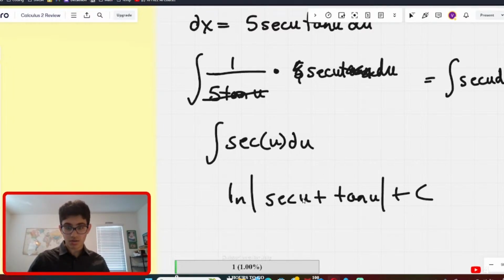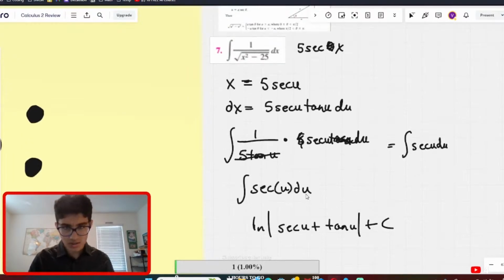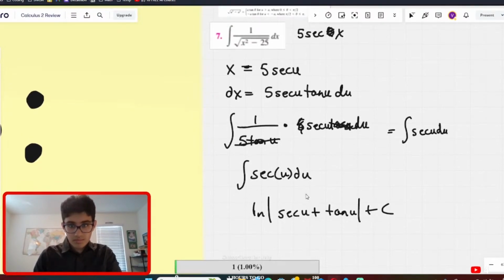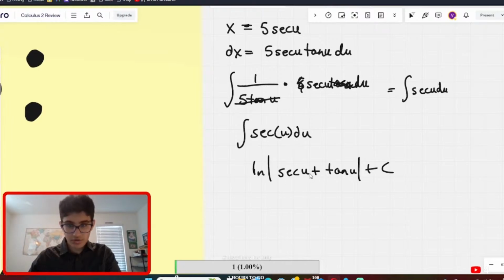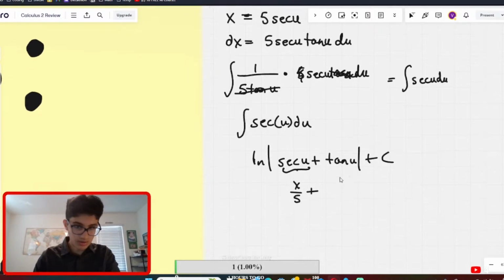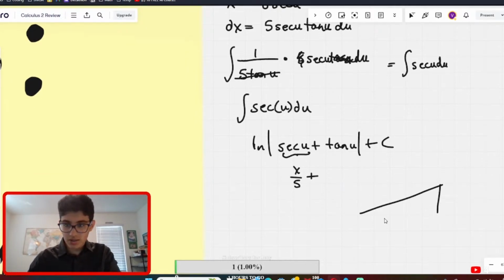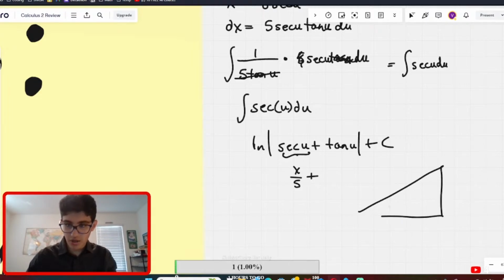Right, now we have to put this back in terms of x, since that's what we were given. To do that, what is secant of u? By definition, that's just x over 5. Tan of u, that's where it gets a bit harder, I guess. So let's draw a triangle. This is the main special part of trigonometric substitution.